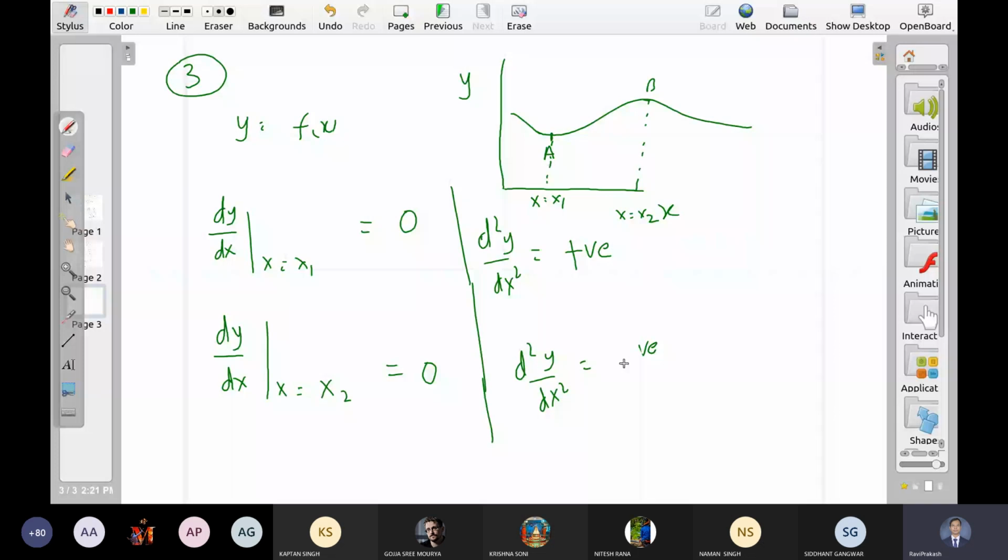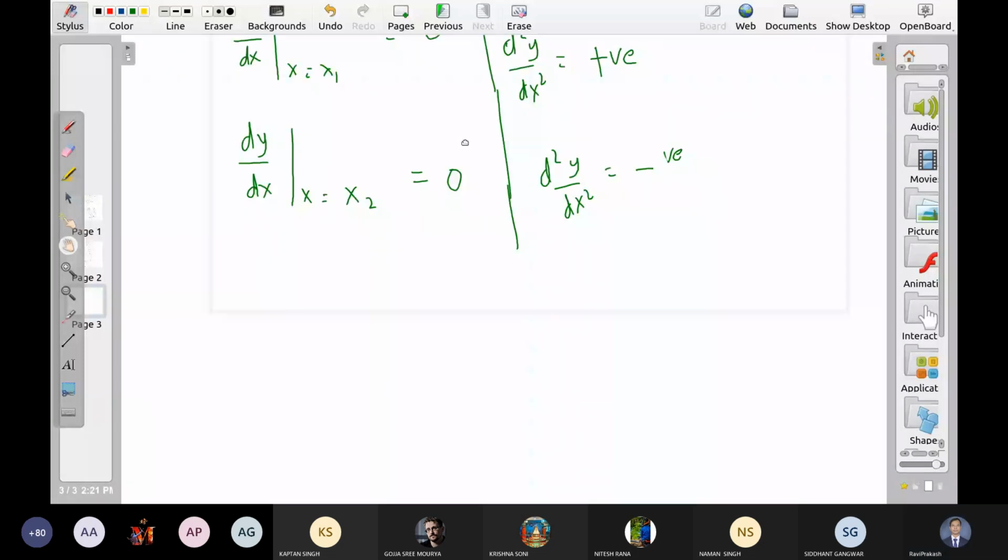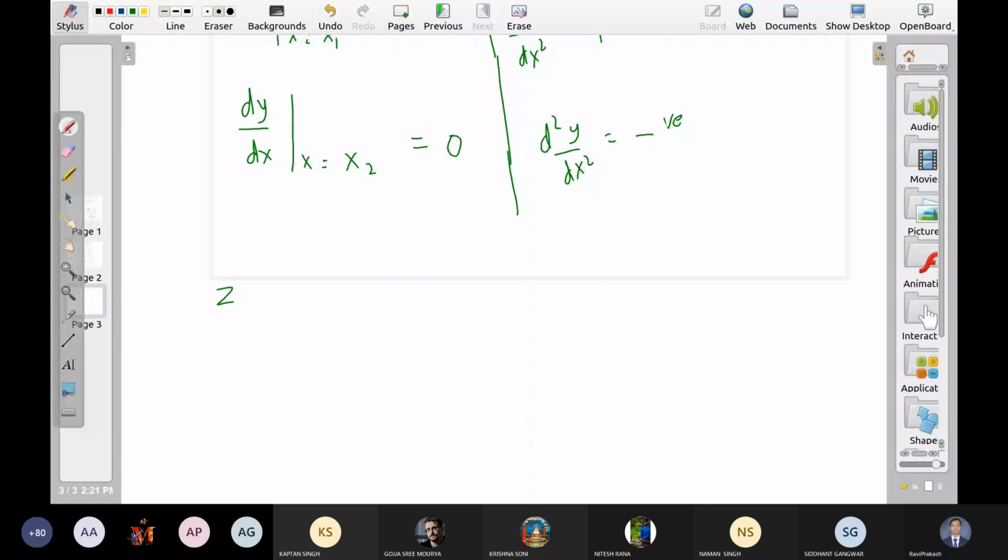Now let's go to the surface. Surface means something like z is equal to f of x and y, or some f of x, y, z is equal to constant. Both have the same meaning. So let us say the surface is like this. Let me try to draw some two-dimensional figure, the schematic of a surface.